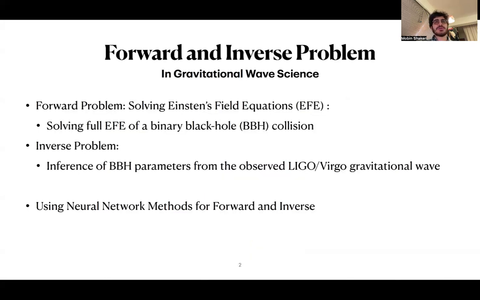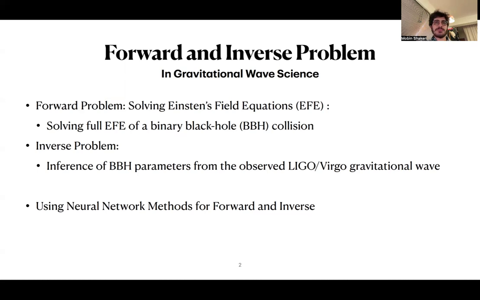Before starting to discuss the method, let's briefly talk about the overview of the problem at hand. When we talk about the forward problem, we're referring to solving Einstein's field equations, more specifically solving the full EFE of a binary system of black holes or neutron stars.